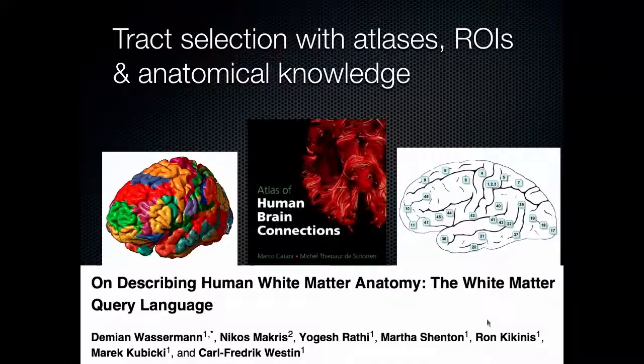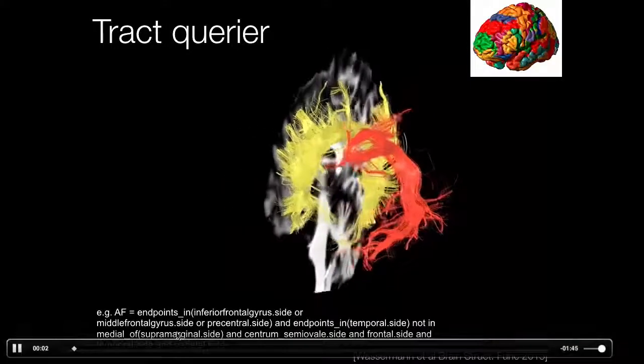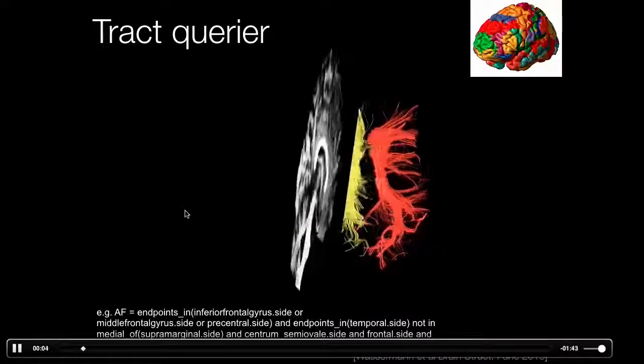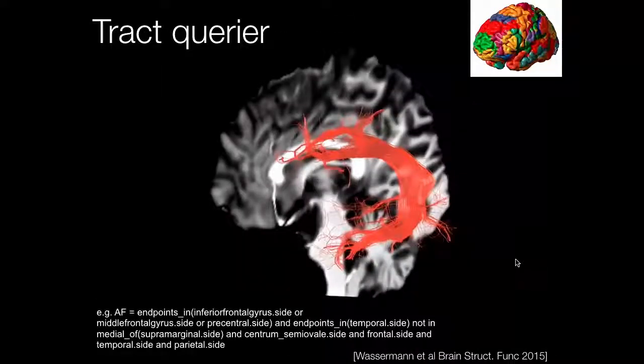And I like this new white matter query language here. This is an example of the query produced. This is an example of the sort of query you could ask. The arcuate fasciculus is defined as endpoints in the inferior frontal gyrus left or right, middle frontal gyrus left or right, and precentral gyrus.